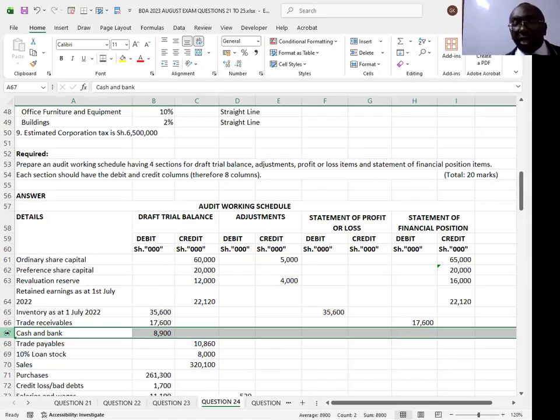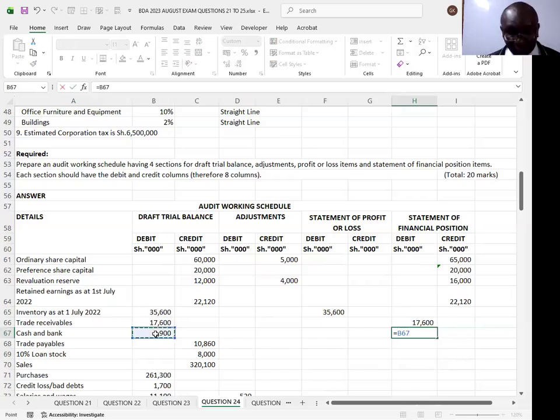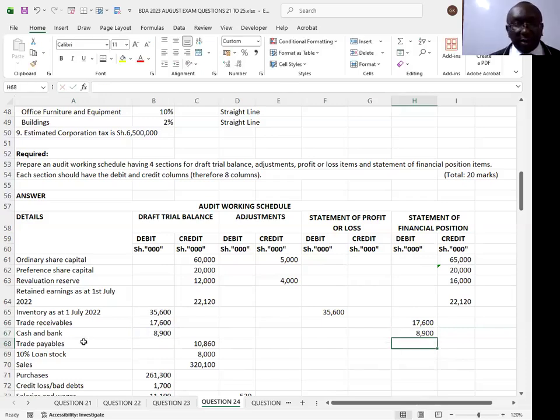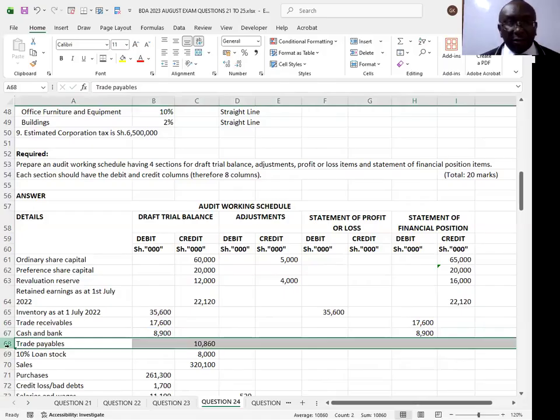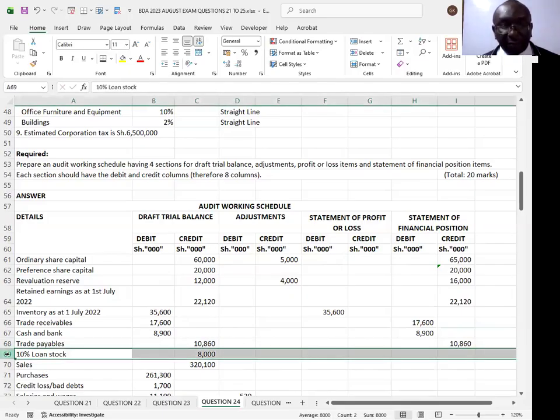Now cash and bank assets 89, no adjustments. Trade payables, no adjustment, so it comes in here as a credit.